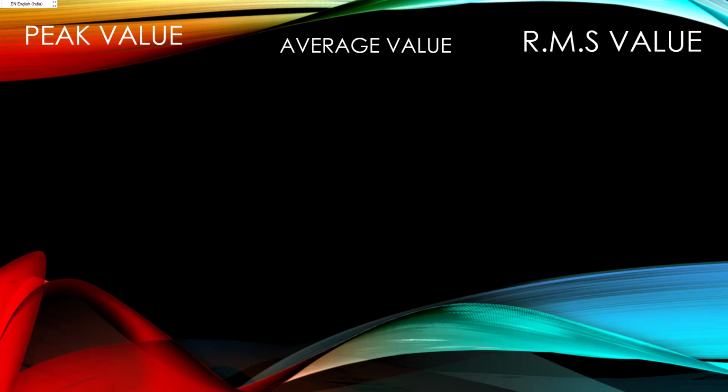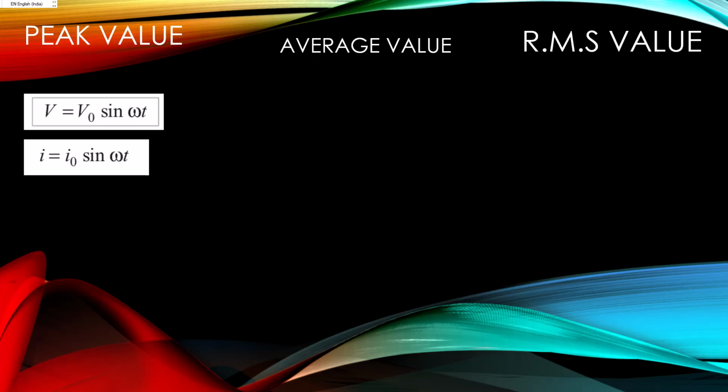Before going to the circuit analysis, we will study peak value, average value and RMS value of the current and voltage. So we have the sinusoidal voltage and current V equals V0 sin omega t, I equals I0 sin omega t.